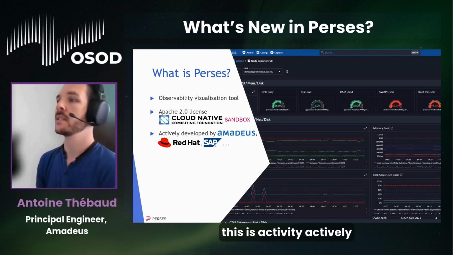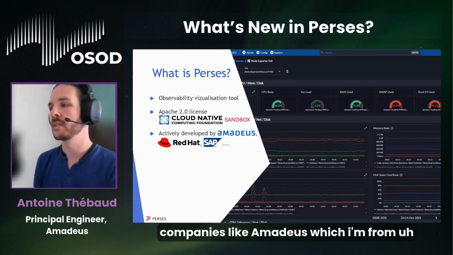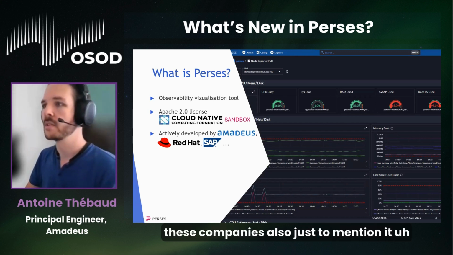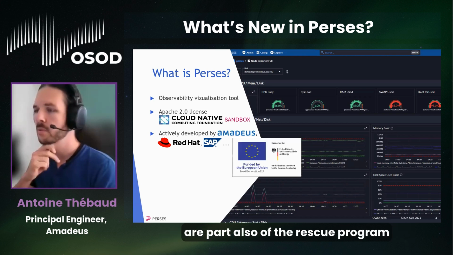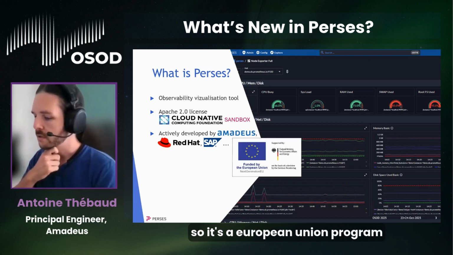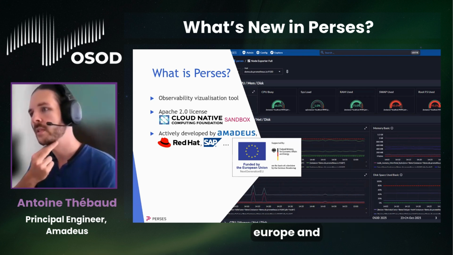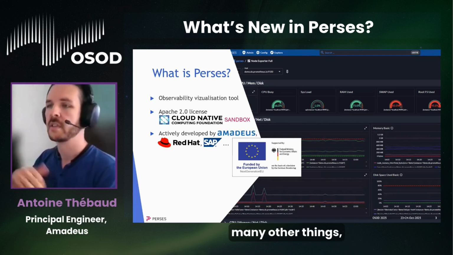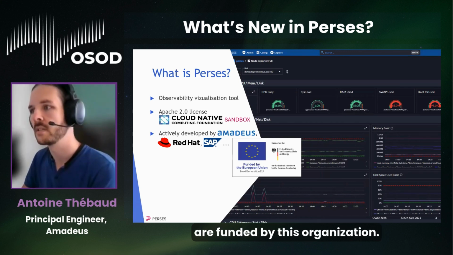It is actively contributed to by several companies like Amadeus, which I'm from, Red Hat, and SAP. These companies are also part of the RESCUE program, a European Union program to build a sovereign cloud for Europe. Among many other things, Perses is one of the projects funded by this organization.